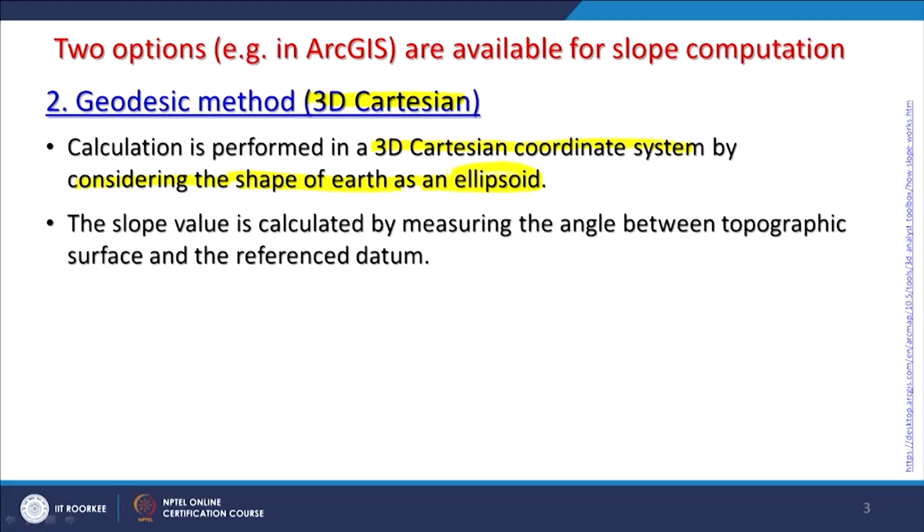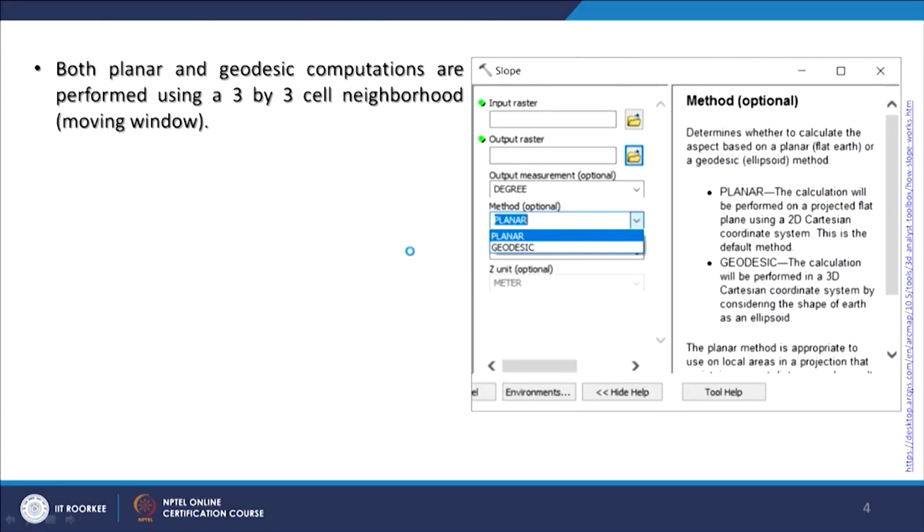Now, the slope value in this geodesic method, the 3D Cartesian method, is calculated by measuring the angle between the topographic surface and the reference datum, and this reference datum is very important. If I take the example of ArcGIS, where you provide an input raster and of course an output raster, when you go for this method, which is optional, otherwise by default it is planar, the two methods we are discussing are introduced.